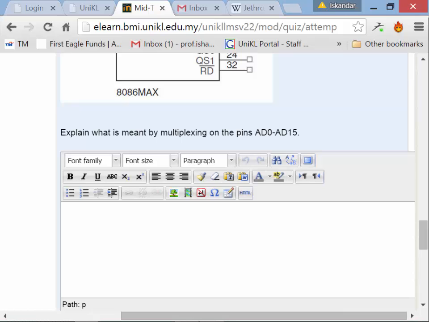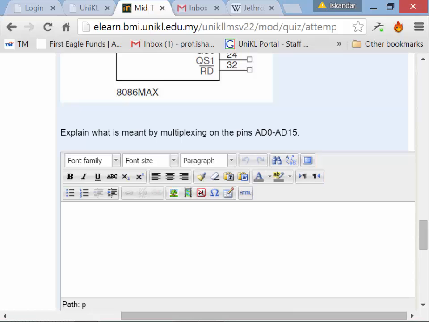So when you answer this, I'm looking for something on the line that for a period of time during the read or write cycle, these lines will contain the address. At other times during the read or write cycle, they will contain the data that's being read or written.